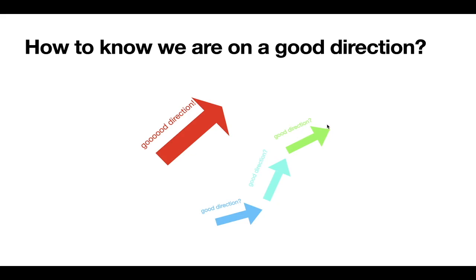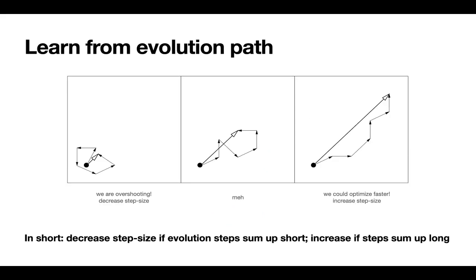So if all these locally good update directions align with one another, then that's a reasonably sure indication that the direction that we had been following for the past few generations is a good direction, and we're going to continue following that direction. And in that case, we would want to increase the step size. This sequence of mean update vectors is known as the evolution path. And in order to better understand the interplay between the evolution path and the step size adaptation, let us look at 3 scenarios. Now, this last scenario to the right is the scenario that we had been talking about.